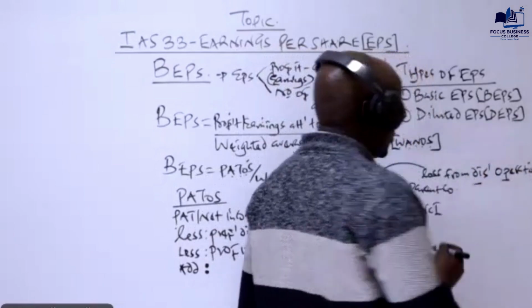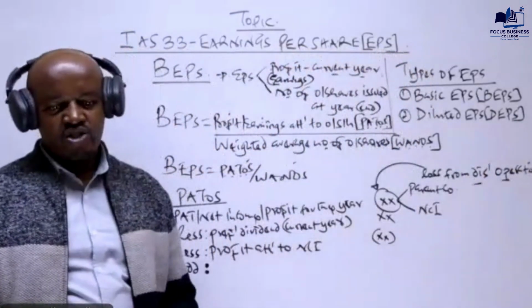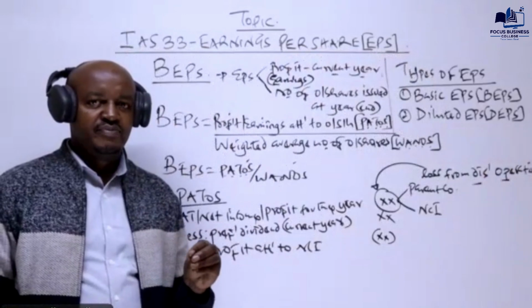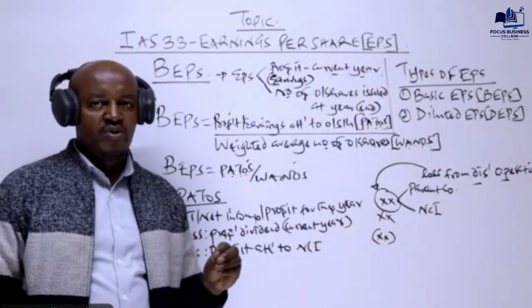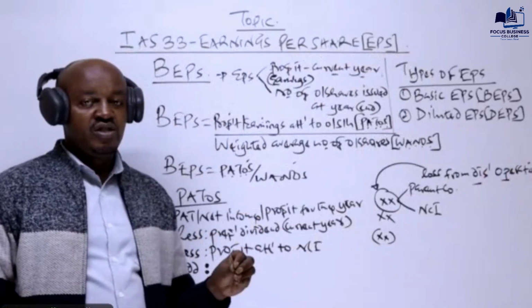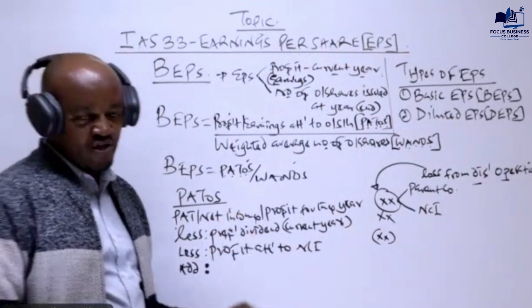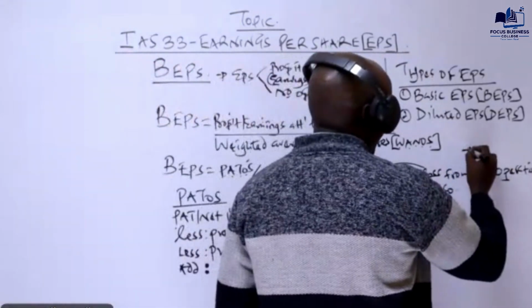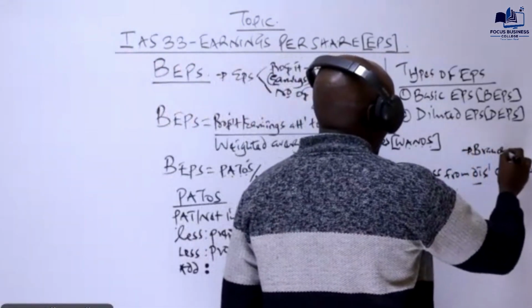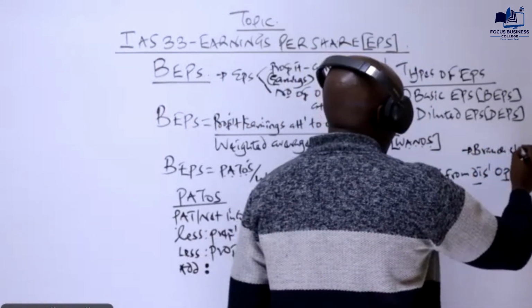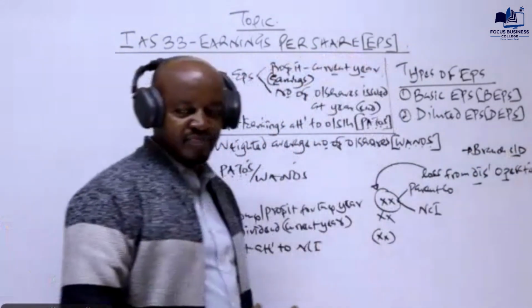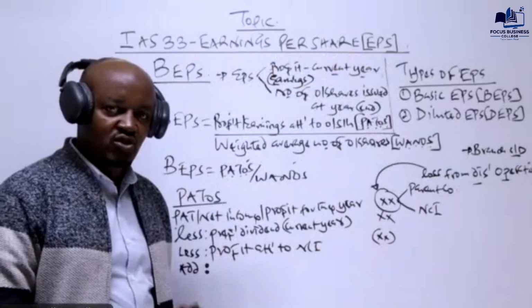Basically, when we talk about a discontinued operation, this is an operation of an entity which has been discontinued, or a component of an entity which has been discontinued. A good example of a discontinued operation is maybe a branch which has been closed down. Why? Because that branch has been making losses.